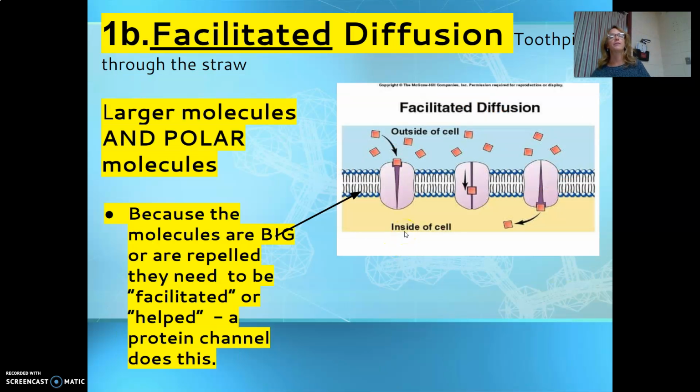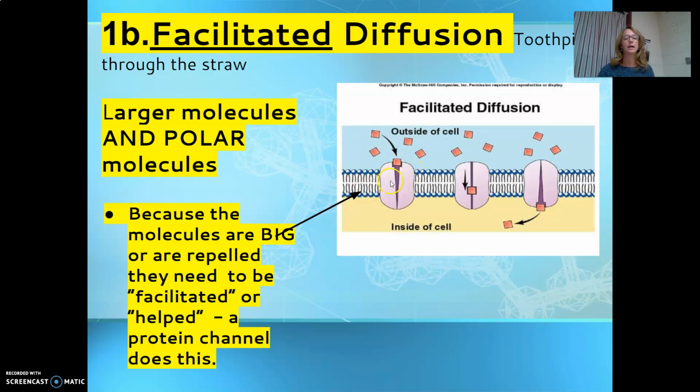Okay, there's another type of diffusion. It's still called diffusion because it doesn't need energy, but this is how larger items or charged particles move through. So if you are charged, this polar membrane, these lipid tails are going to kick you out. If you're too big, you're not going to fit through the little slots in between these little phospholipids.